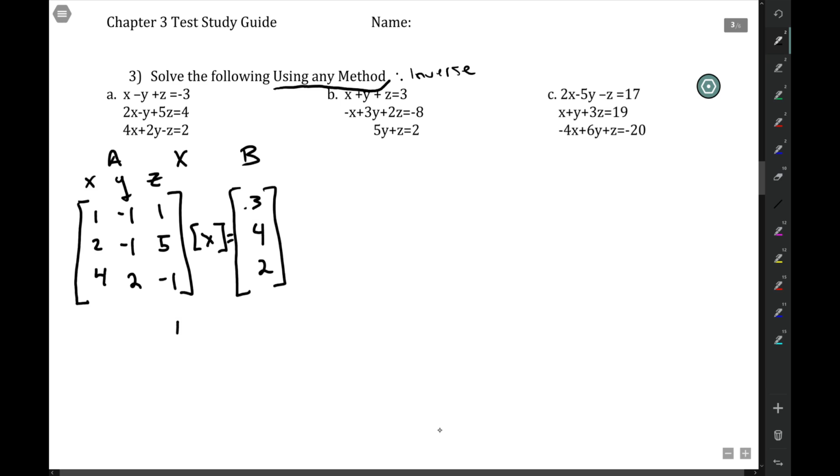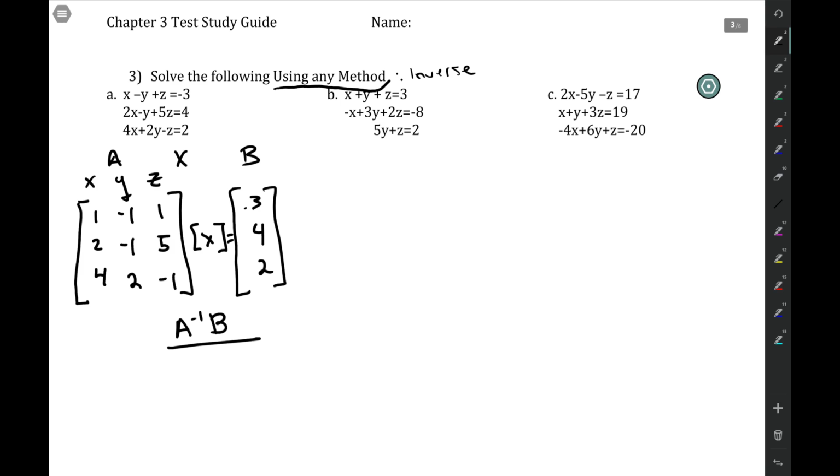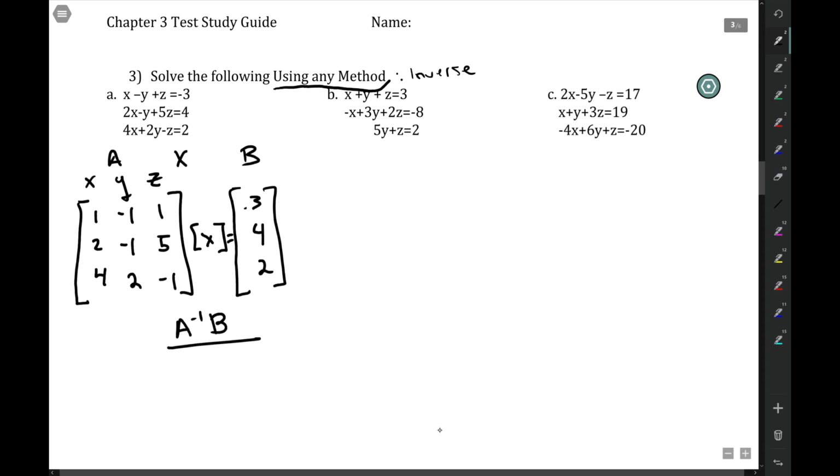Again, name of the game, A inverse B. When you do that, you should get -1, 4, and 2. And just know that that means the answer is x is -1, y is 4, and z is 2.